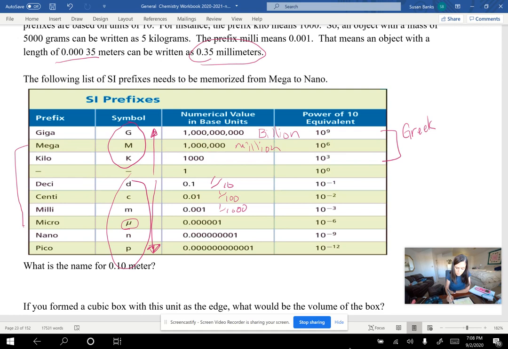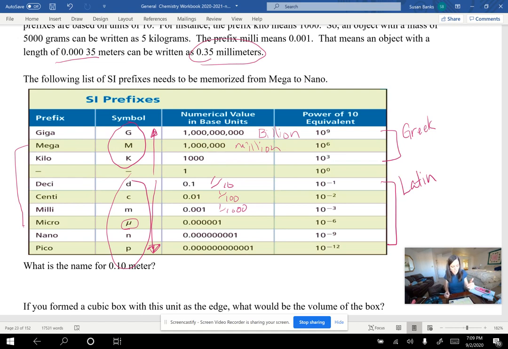Now, those of you who are wordsmiths, did you notice that all of the prefixes that are smaller than the base unit, these all come from Latin? Okay, so if you know your root words, if you know that that root comes from Greek, you know it's bigger than the base unit. And if you see that it comes from Latin, you know that it's smaller than the base unit.